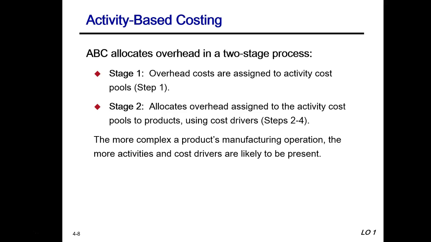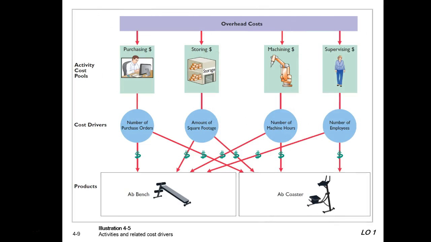The more complicated the manufacturing process, the more activities and drivers there are going to be. So as you see here, as it relates to our ab bench and ab coaster, we've got the purchasing, we've got the storing, we've got the machining, and then the various supervising.